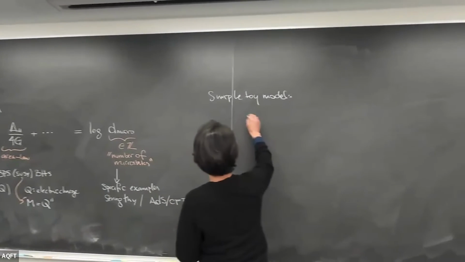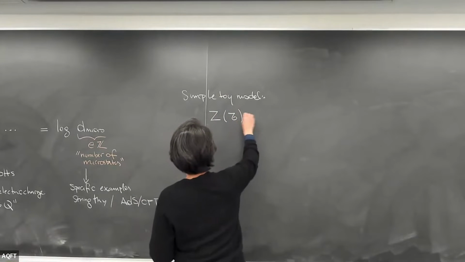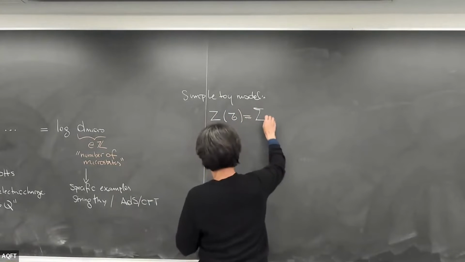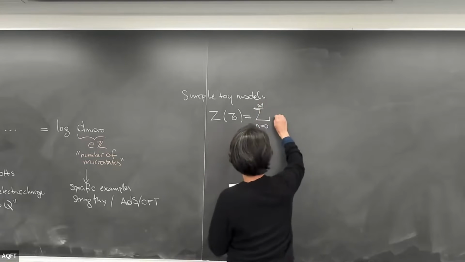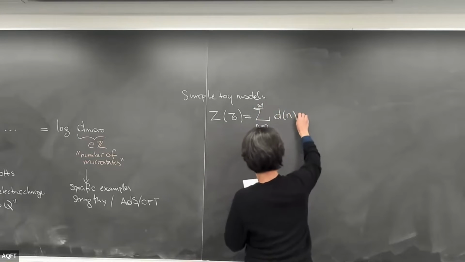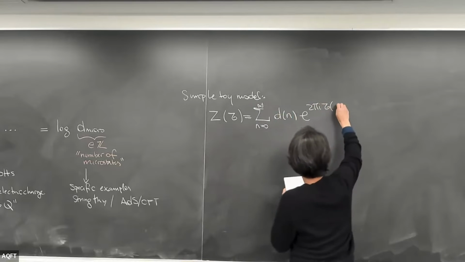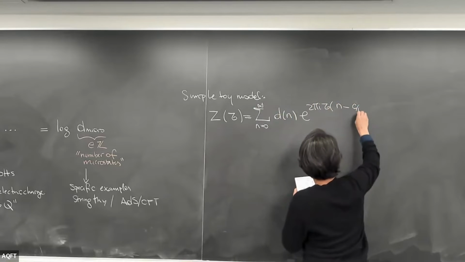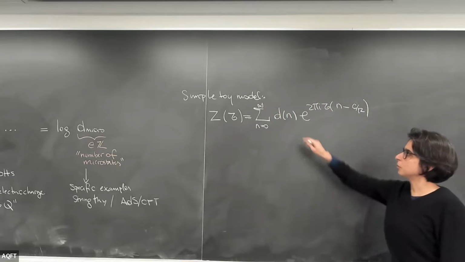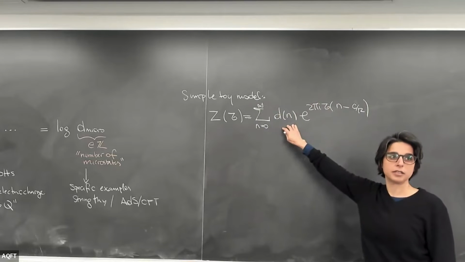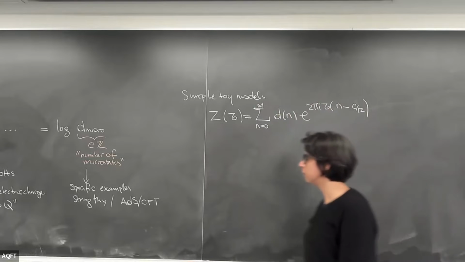Let's define a function, tau, that I'll describe like this. I'm defining that function, which will have coefficients d_n, it's a sum over n. Here, tau is a complex variable.